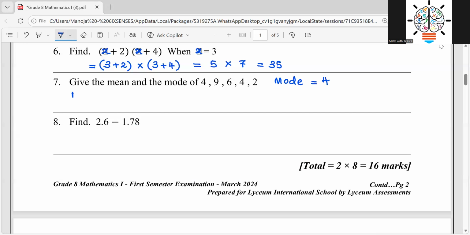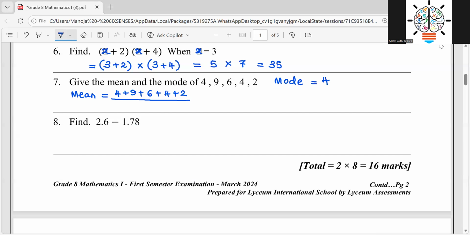How are you going to find the mean? First you want to add all the numbers together. 4 plus 9 plus 6 plus 4 plus 2. And you divide it by the number of items. How many items do you have, children? You have 5 items here.